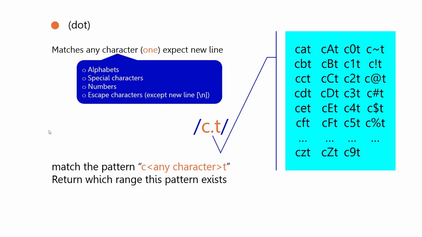So it will match any one character between C and T. That's what it's exactly trying to find. Again, the dot is going to match any one character.